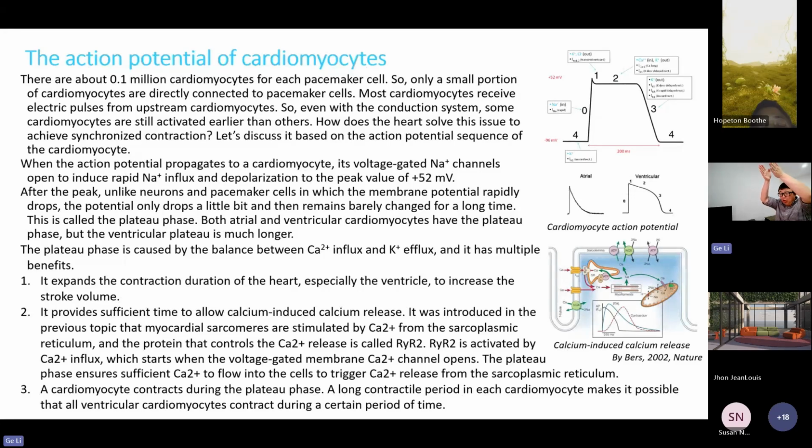So in the whole heart, because we have expanded the time that the heart can contract, we can find a long overlap during which all the cardiomyocytes are contracting.